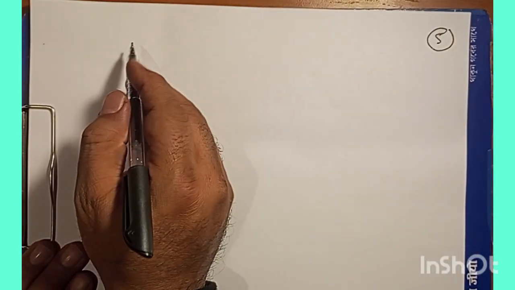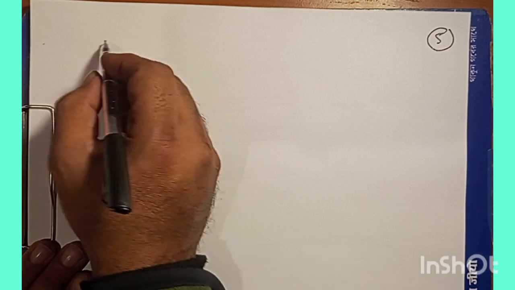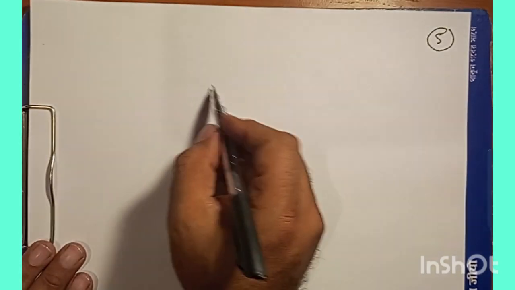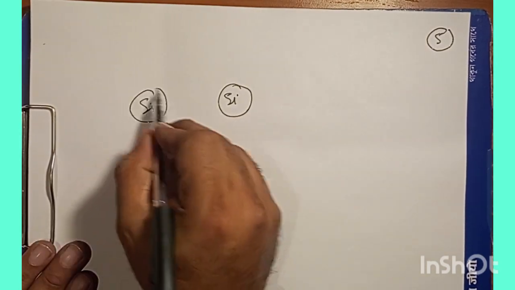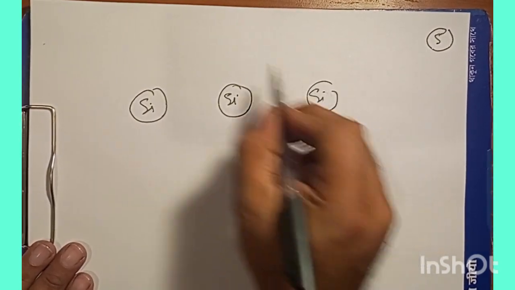Now the same story goes with p-type semiconductors. In the case of p-type semiconductors, we are doping the original network with trivalent impurities.